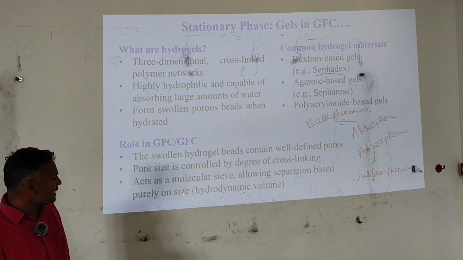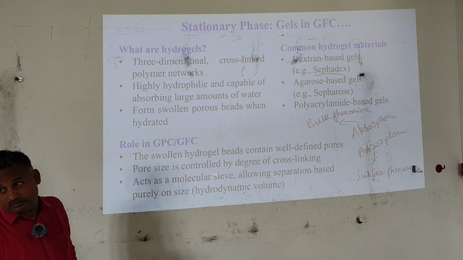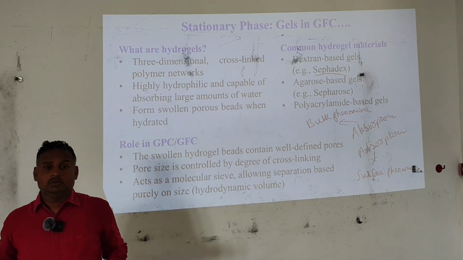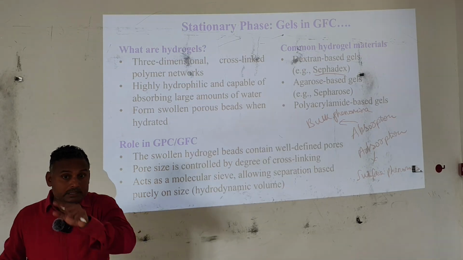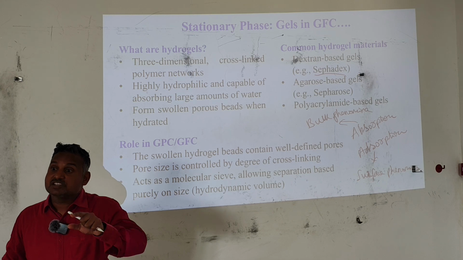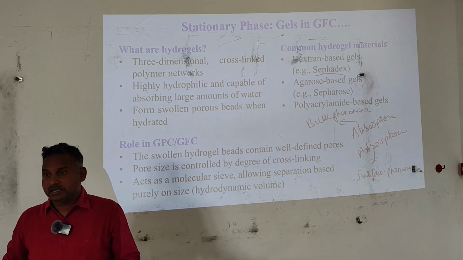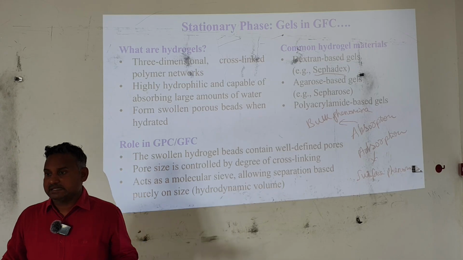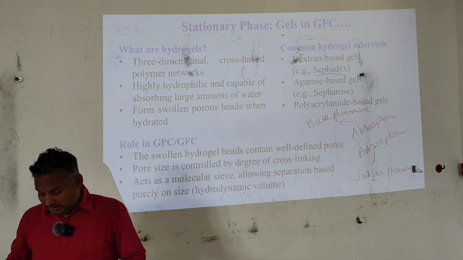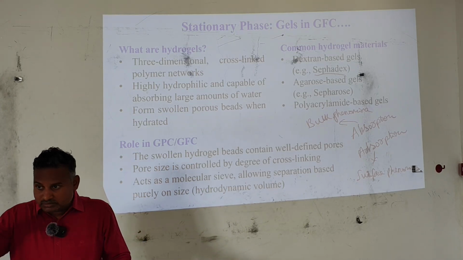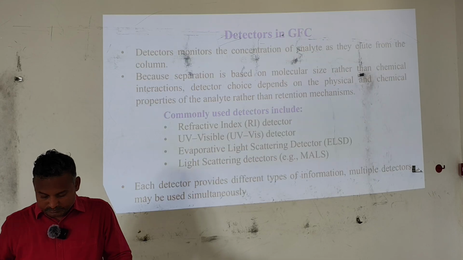When we say size, it is nothing but hydrodynamic volume: the molecule along with the solvation sphere around it. That we can say is the net molecular size along with the solvation sphere.